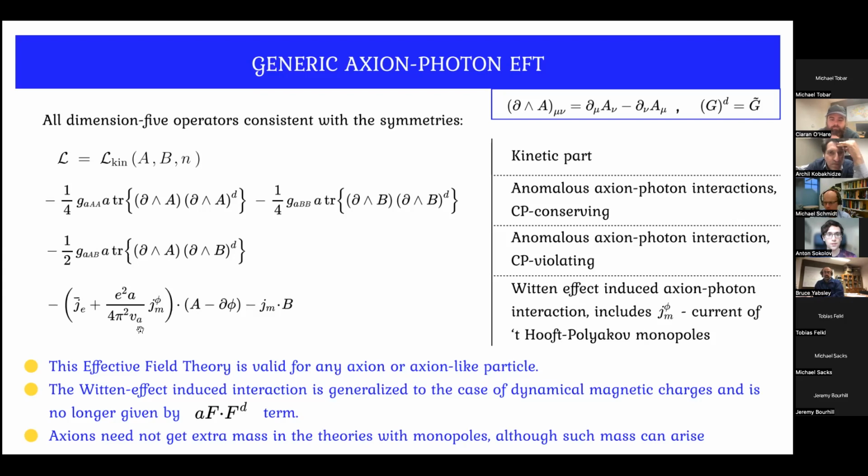The interesting thing would be maybe to find some grand unified theory or some model where monopoles arise from symmetry breaking, which will yield this kind of axion couplings.